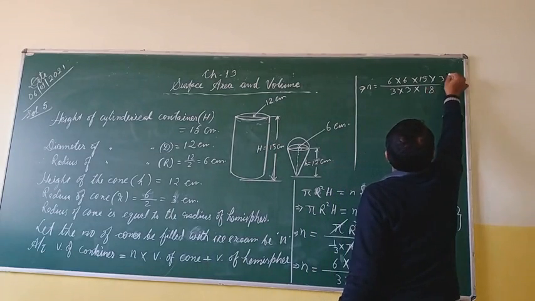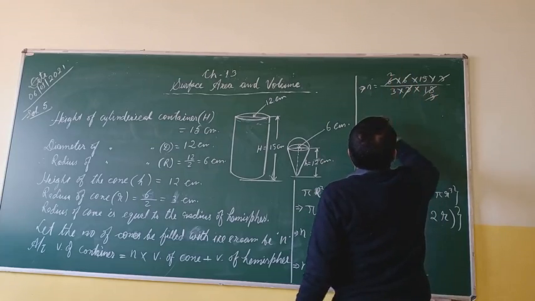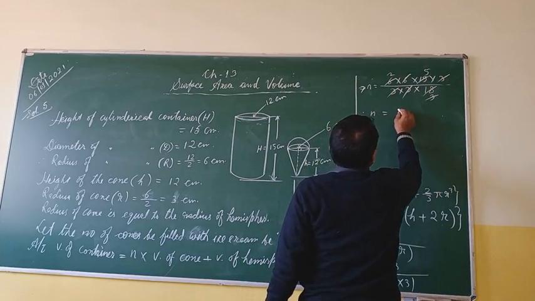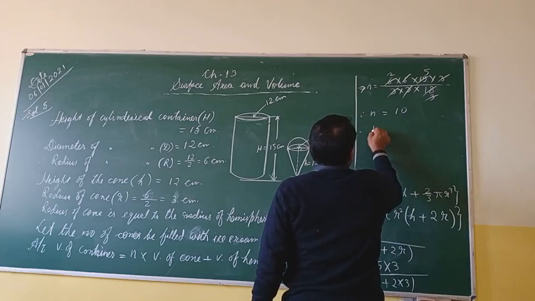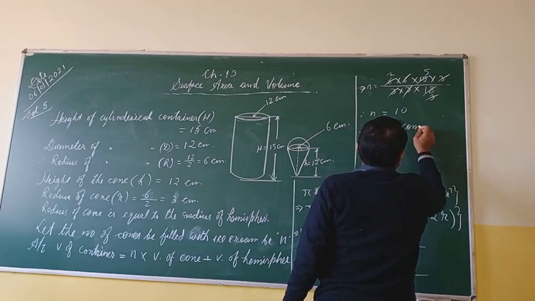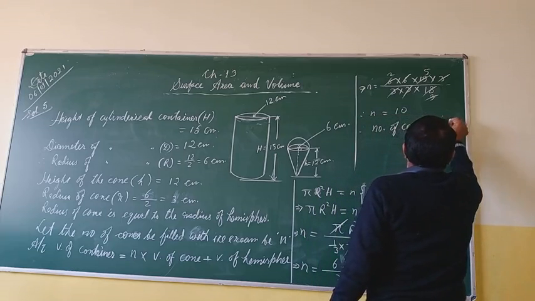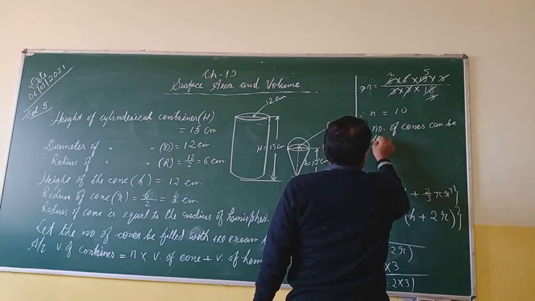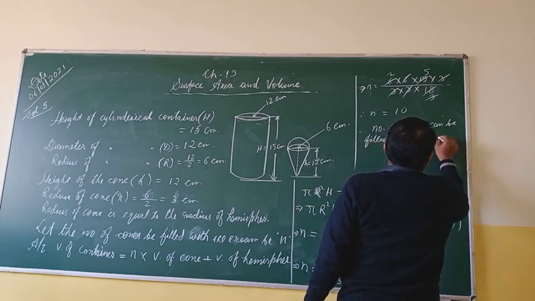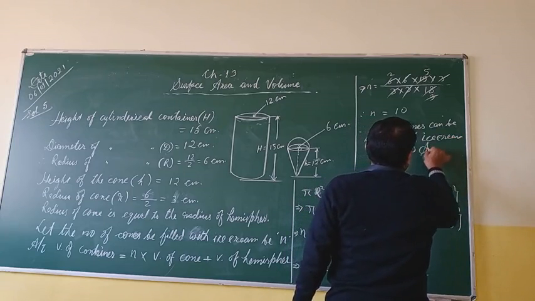Now remove the numbers. 3, 3 cancel. 6 threes are 18, 3 twos are 6, 3 fives are 15. Therefore, 10 is coming here. Therefore, number of cones that can be filled with ice cream is equal to 10. This is our answer.